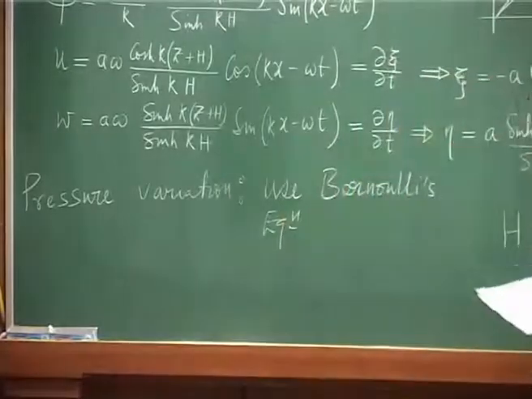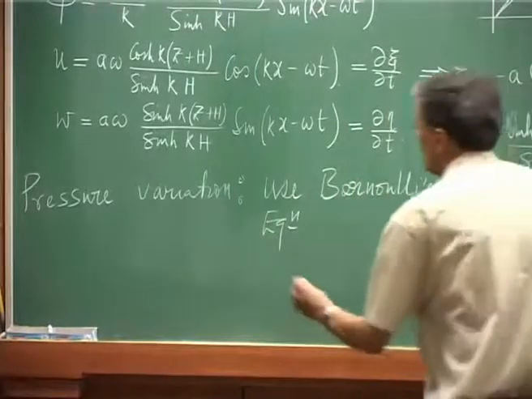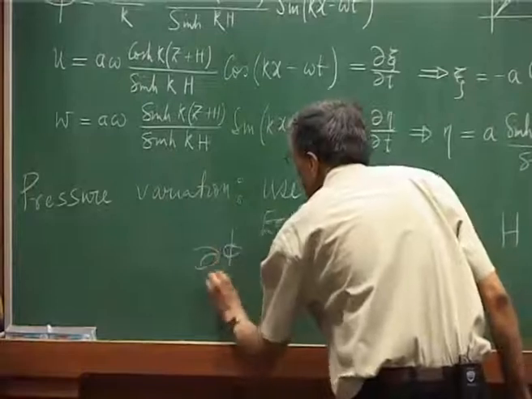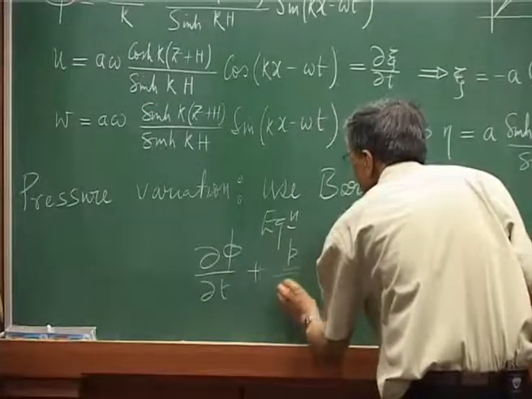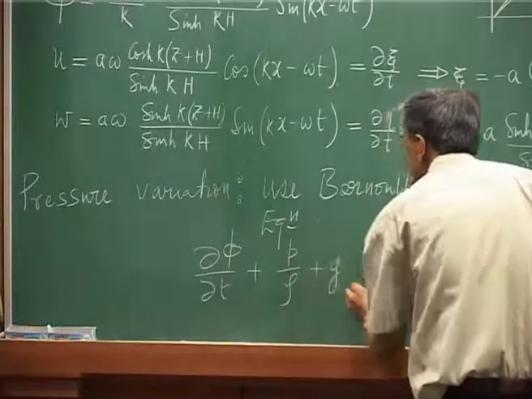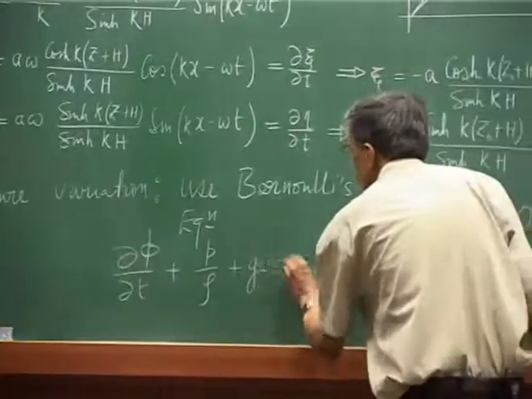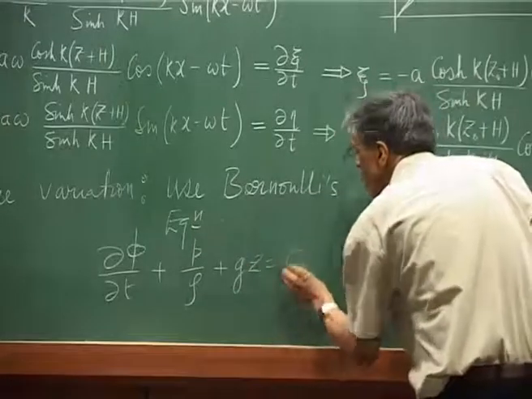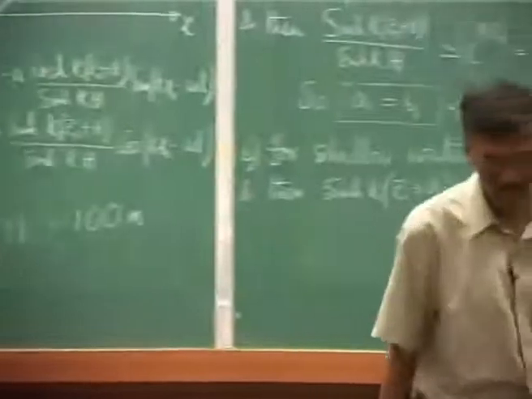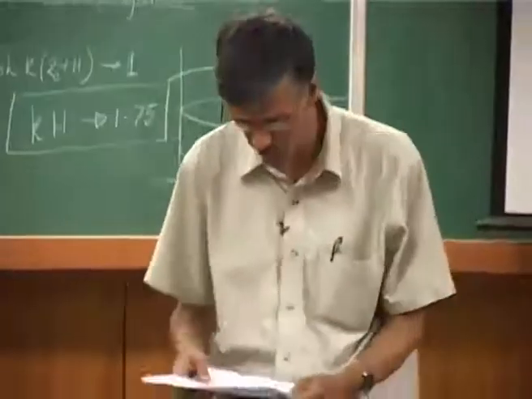What was Bernoulli's equation? Of course, take a look at it. It is an unsteady flow, so you will have this term, and then you will have P by rho plus this term. This was a constant which we can conveniently set the datum to 0.